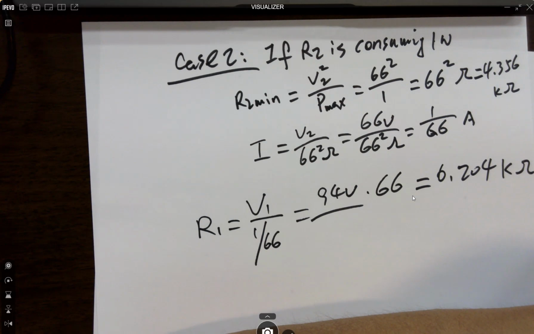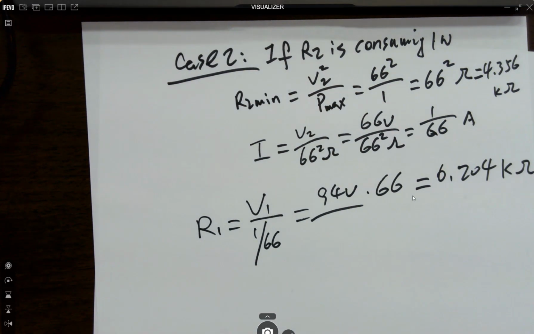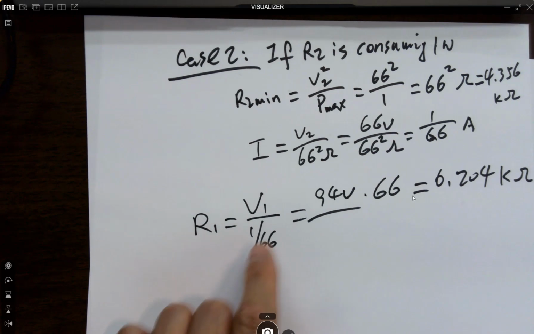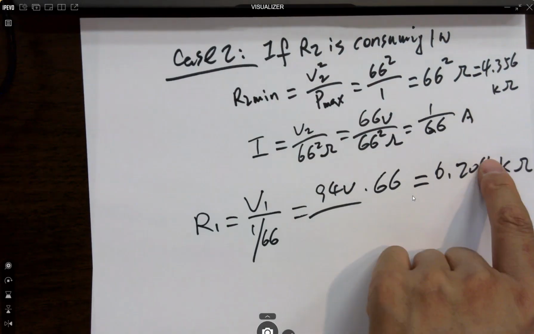So we can account for the power set again. The smallest ohmic values for R1 and R2. Actually, case 2 is getting smaller values, right?